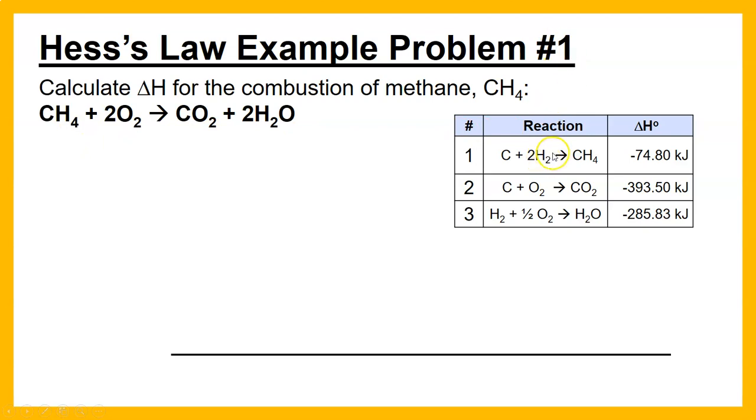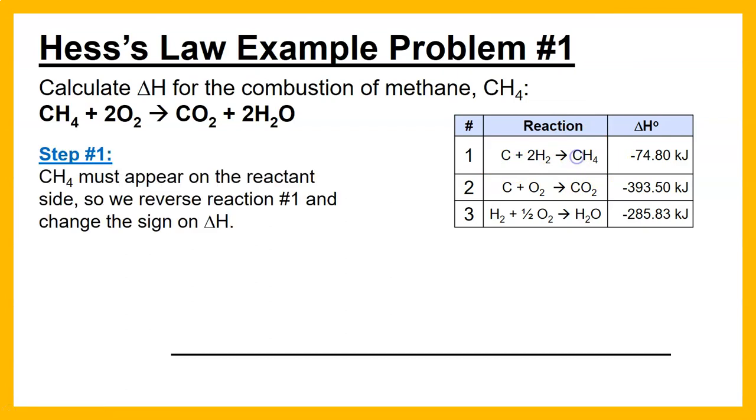So I look over here and I see, hey, equation number 1 has methane, but it's a product. That's not good. But I am allowed to flip my equation. If I flip this to make methane a reactant, I have to change the sign on delta H. So instead of being negative 74.8, it is now positive 74.8.